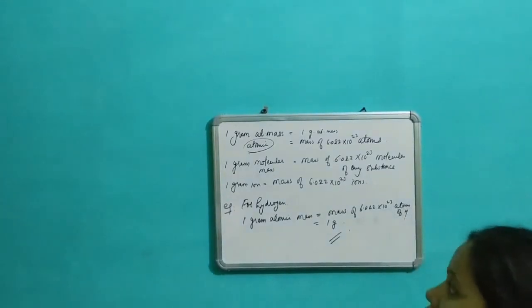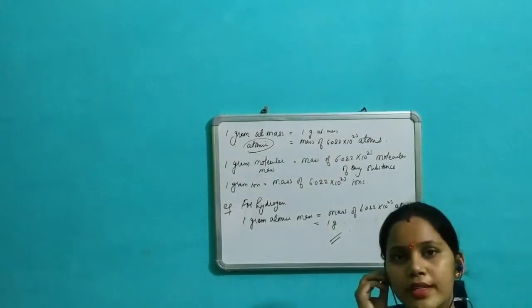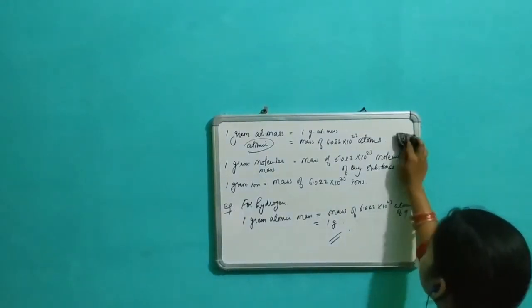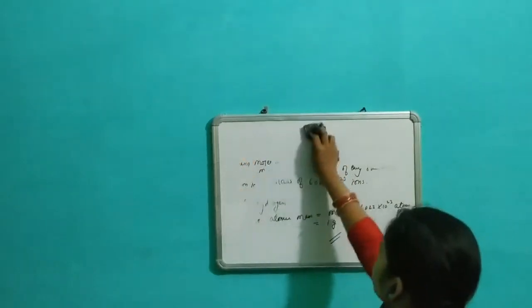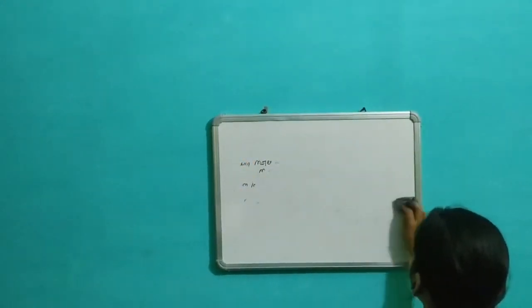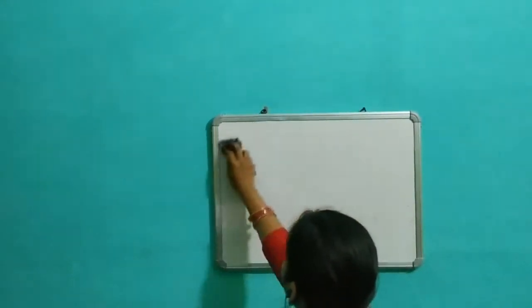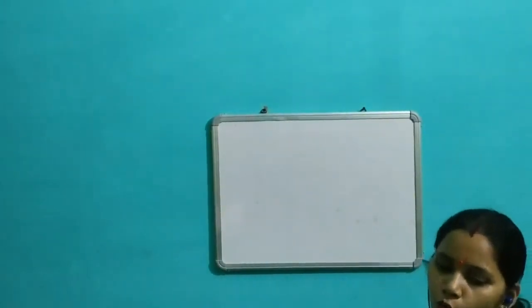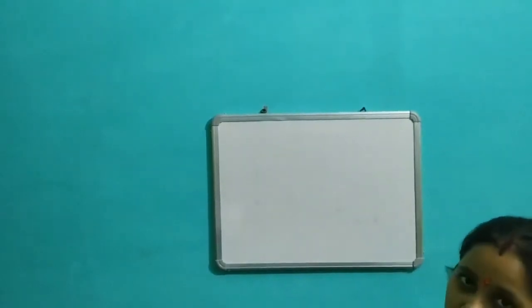The next topic is, what do you understand by molar mass? What is molar mass? When I say molar mass, it is the mass of 1 mole of any material.